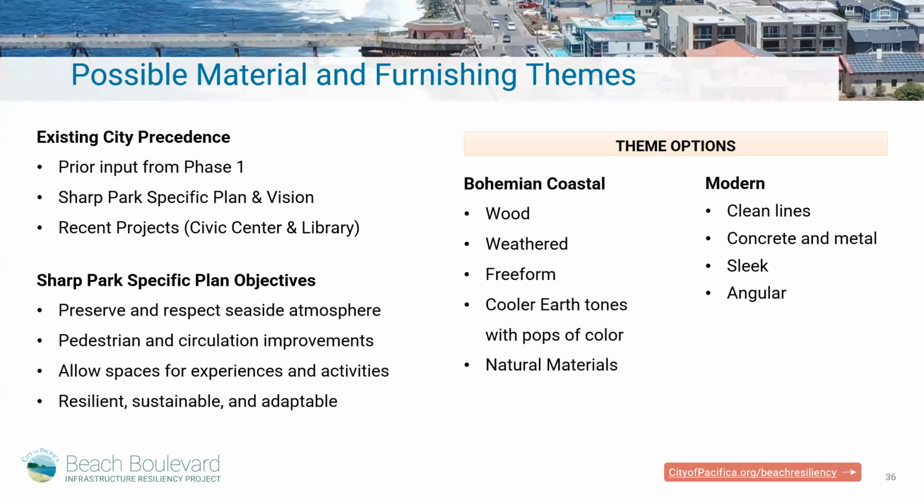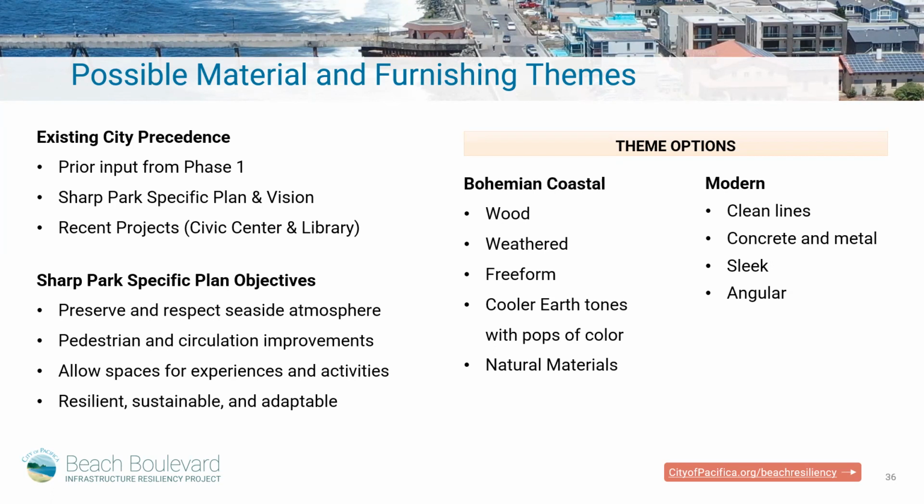These themes were based off of some previous city precedents. That includes input from the phase 1 discussion, as well as the Sharp Park specific plan that's in draft form, which I would also point to in terms of envisioning the larger connection of Sharp Park with the Beach Boulevard. And then also some recent projects, including the Civic Center and the library.